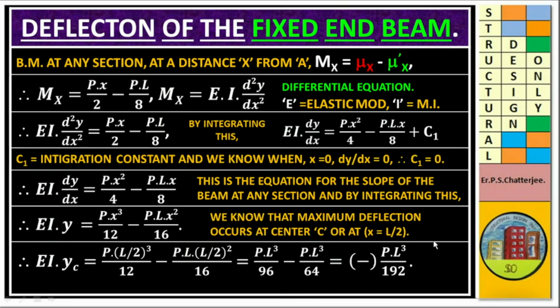We know that the maximum deflection occurs at the center C, or at L by 2. So, EIYC is equal to P into (L by 2) cube by 12 minus P into L into (L by 2) square by 16, is equal to PL cube by 96 minus PL cube by 64.